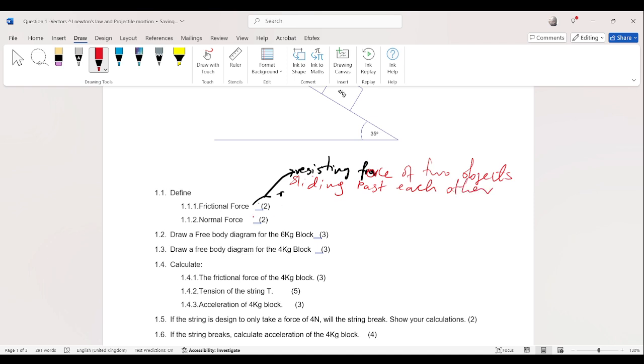Okay, what is a normal force? A normal force is a contact force. First of all, it is a contact. Frictional force is also a contact force.